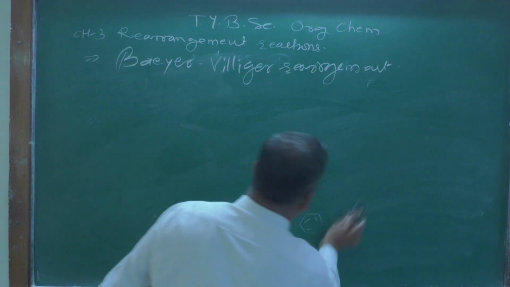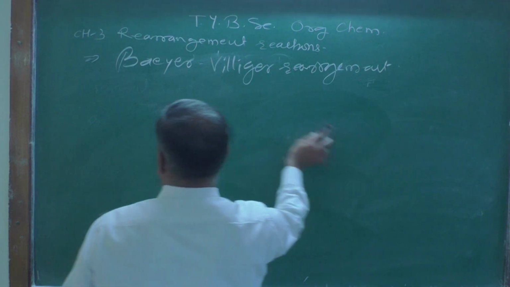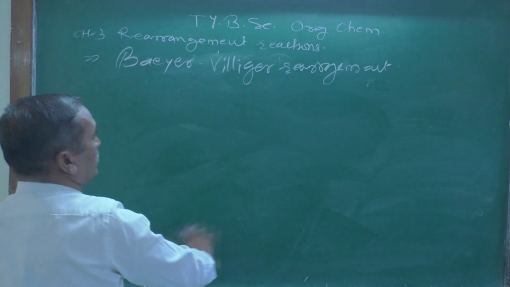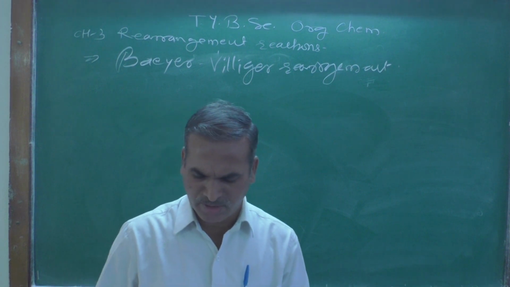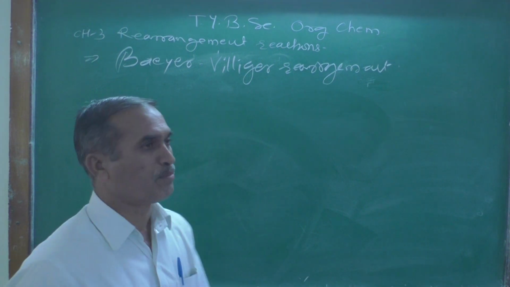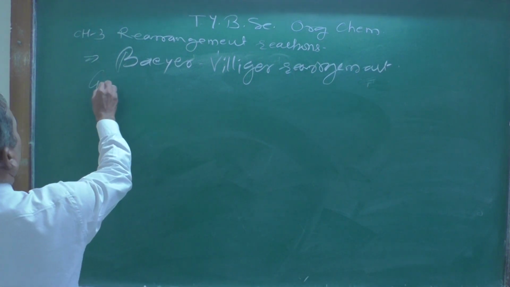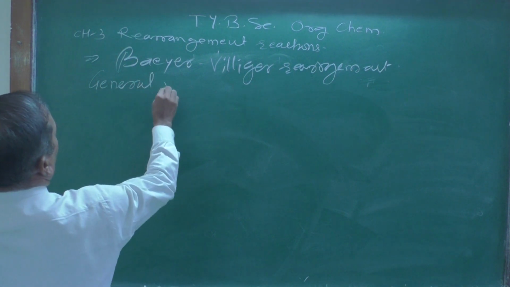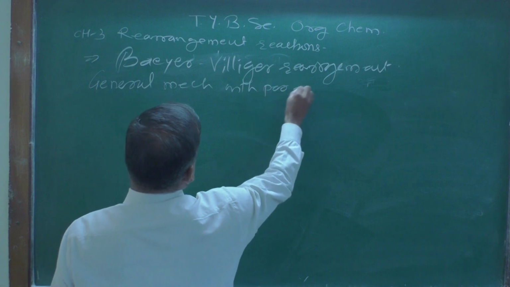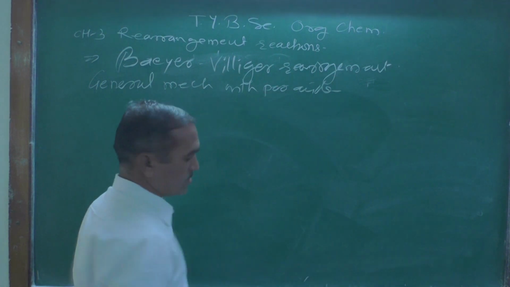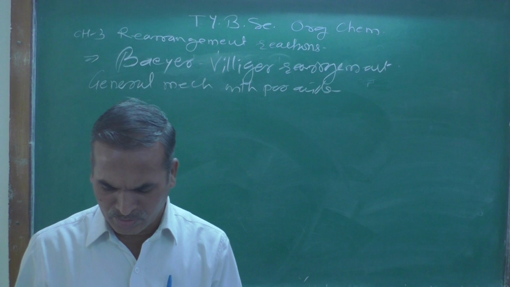How can we show that mechanism over here? Let's see the Baeyer-Villiger rearrangement reaction, the general mechanism with peracids. That is what we are talking about over here.